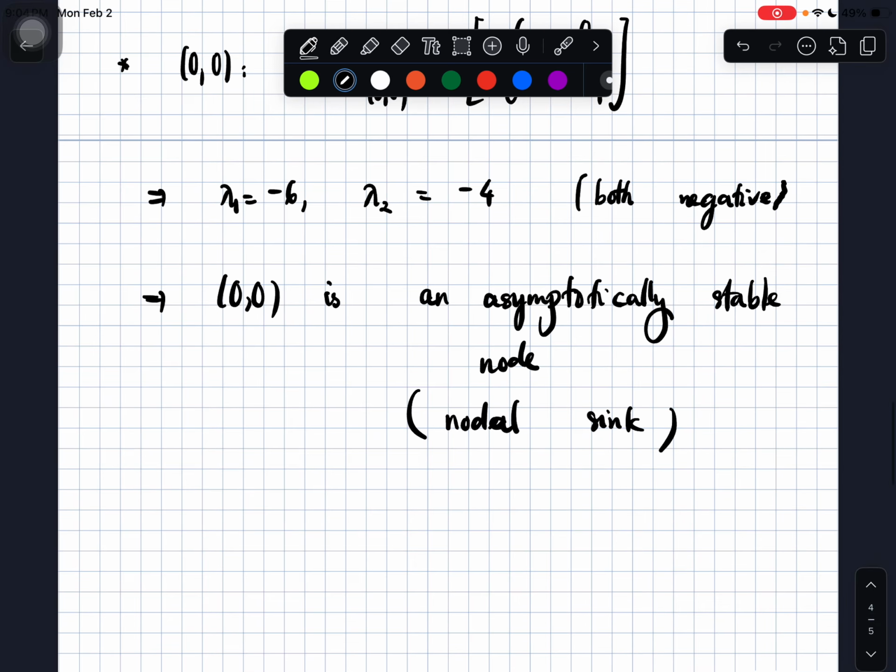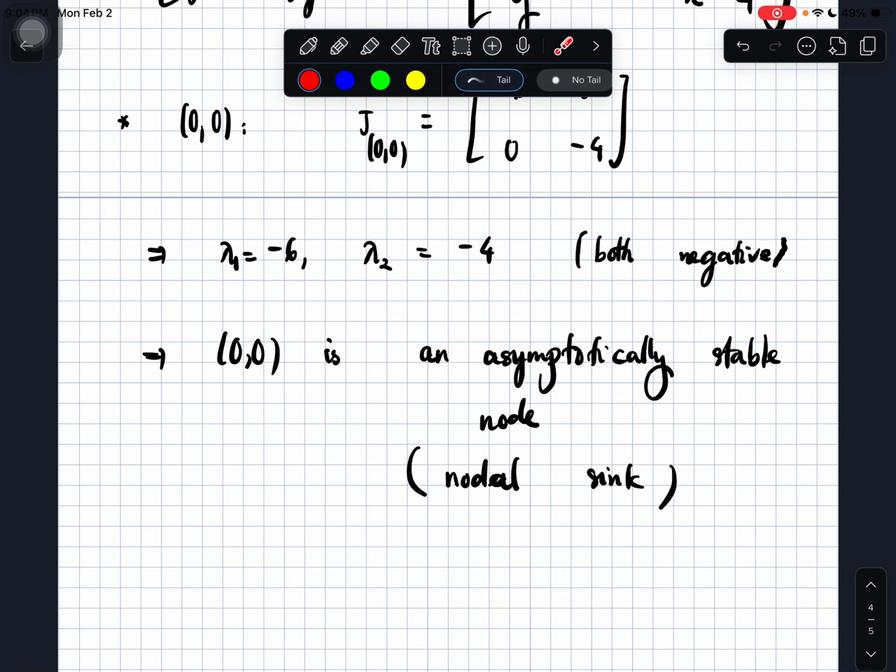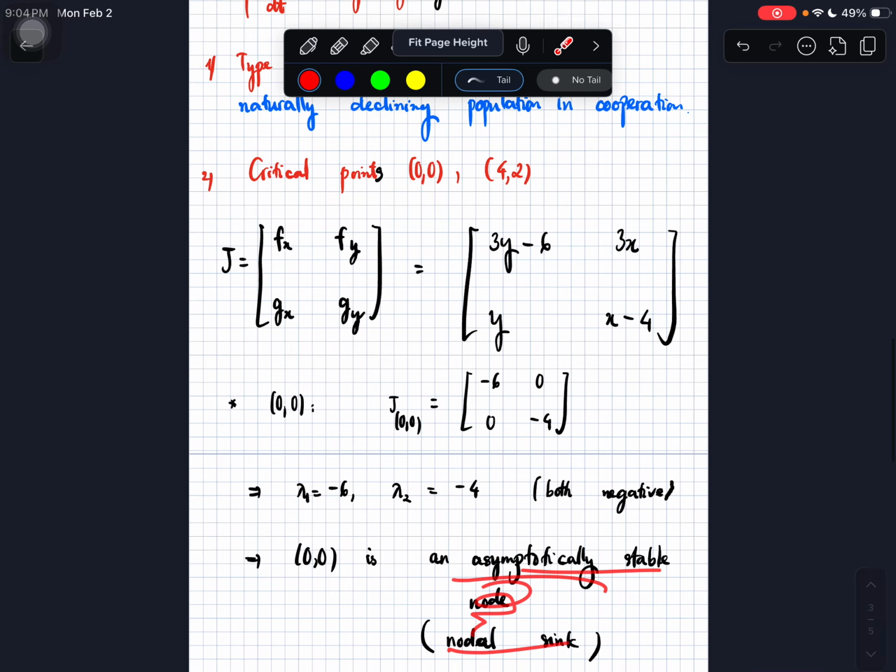The type is a node, and the stability is asymptotically stable.